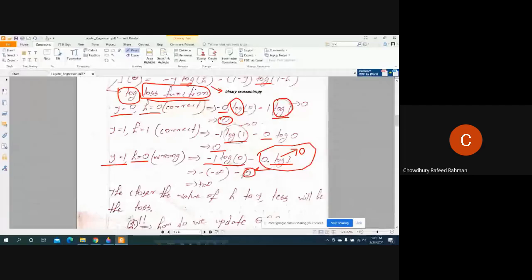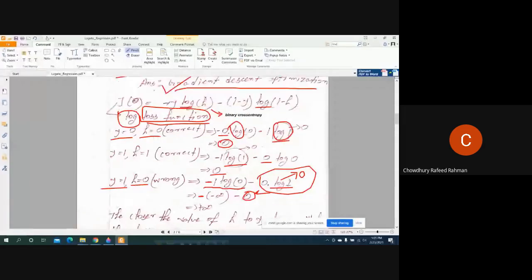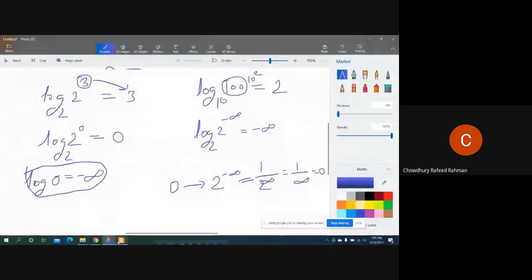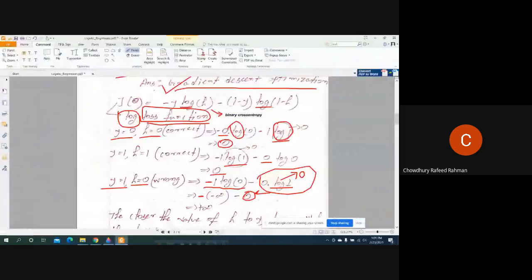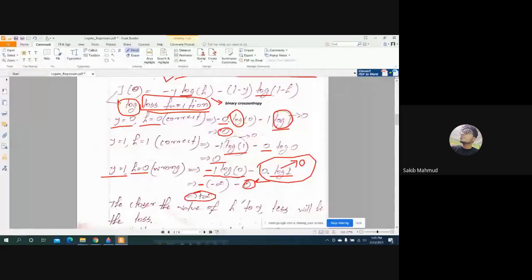Here there is a minus in the formula. This minus comes from the formula. Minus log 0 equals what? Minus infinity. Is it true? Log 0 equals minus infinity, I just showed you now. So minus minus infinity equals what? Plus infinity. Does everyone agree with me on this? Yes, sir.